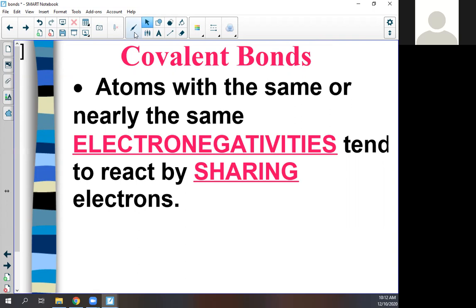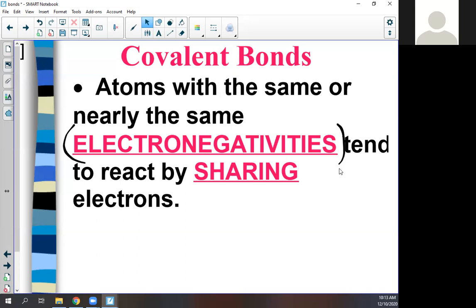So you already have this filled in, I'm sure, but atoms with the same or nearly the same electronegativities, that's the longest word of the year, hope you enjoyed writing that, tend to react by sharing electrons. And it sort of makes sense. If Kieran and I were going to arm wrestle over something, but we were pretty close to the same strength, it'd take a long time to arm wrestle. In an ionic bond, it would be Kieran's just ripped and I'm a wuss and she just takes the electron.